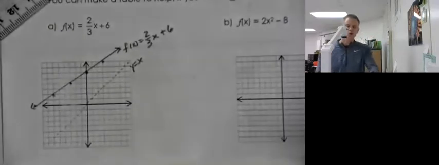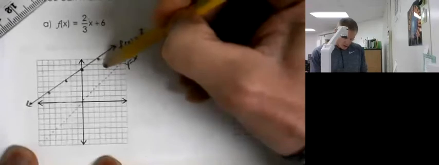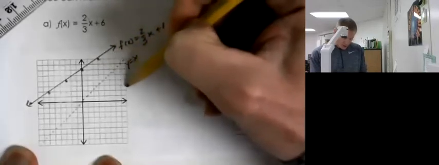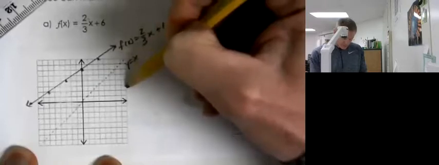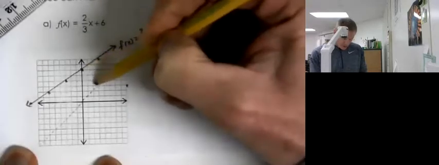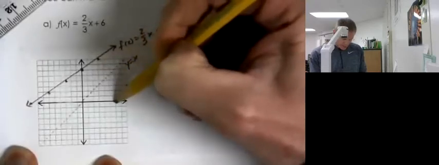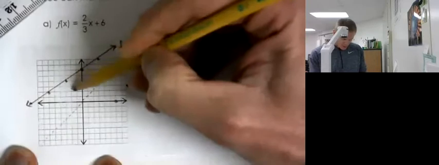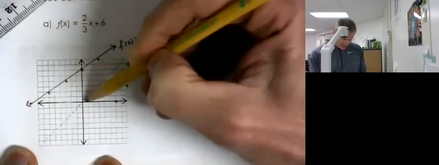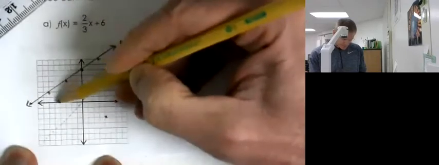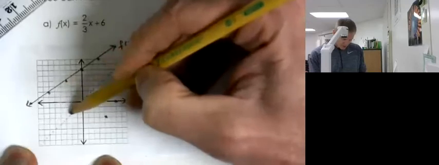So if we want to graph the inverse, we're going to count our diagonals. 1, 2, 2.5. So we're going to go 1/2, 1, 2. 1, 2, 3, and 1, 2, 3. 1, 2, 3.5, 1/2, 1, 2, 3. 4.